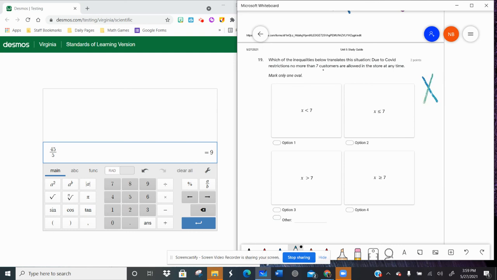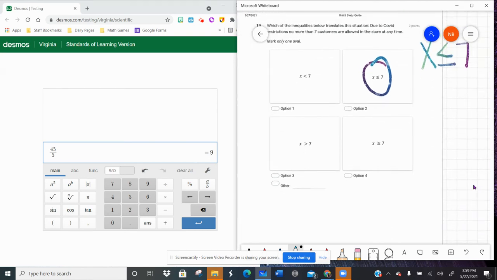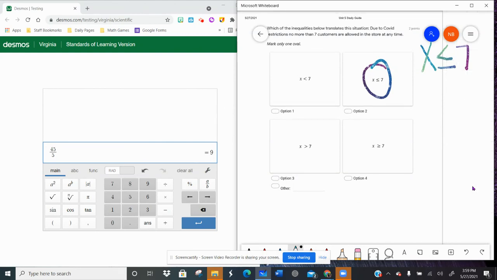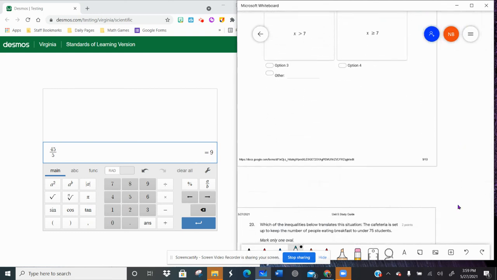So the customers in my store, X, have to be less than or equal to 7. I can't go more than 7, but I could have 7. So I leave the or equal to. No more than 7, 7 or less. That includes 7 in the inequality.